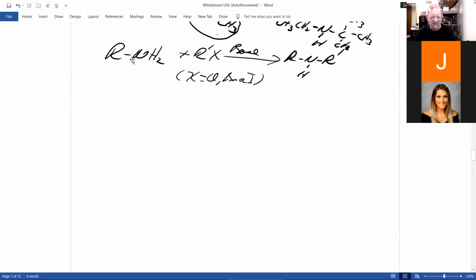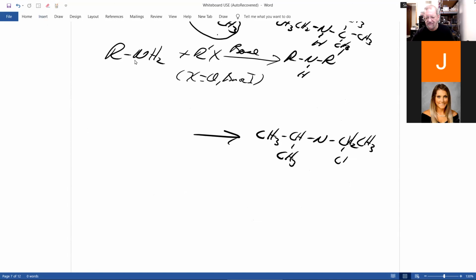Oh, let's have one more fun. And what 2 things would you react to make this molecule?